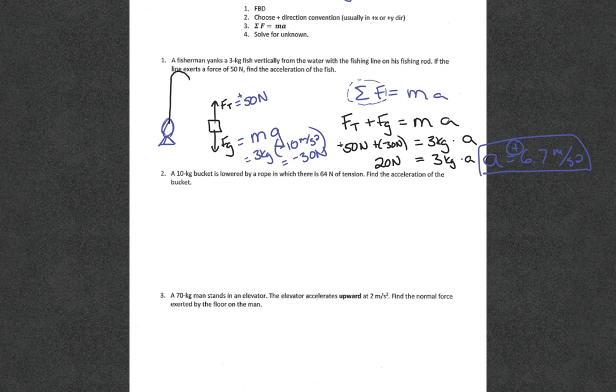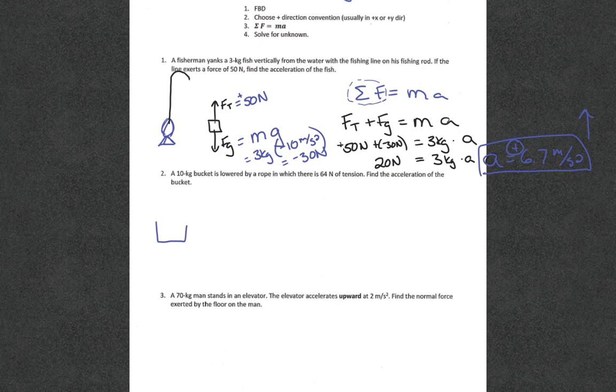That tells you that this fish is going to accelerate quite abruptly up in the air. So maybe the fisherman's setting the hook, making sure the hook really attaches and the fish doesn't come loose, right? So there's a quick upwards jerk of the line, and it accelerates, okay? Or the fact is, this is a pretty small fish, and that's a pretty big pull, so this thing's going to fly, okay? So that's a typical one-dimensional dynamics problem.